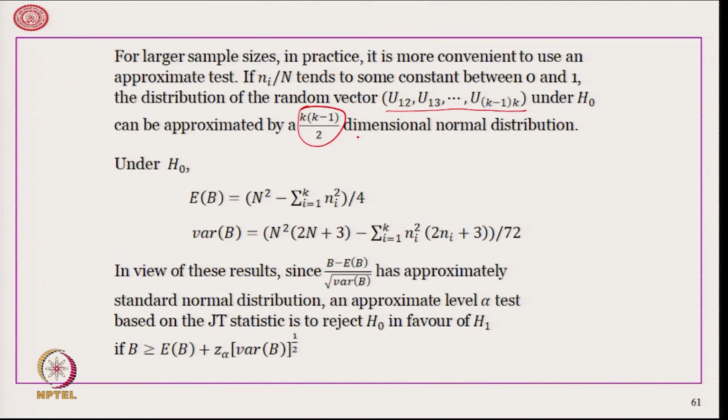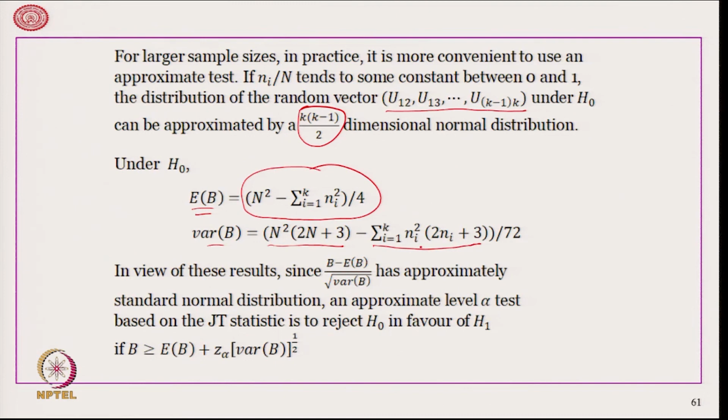So, it is a multivariate normal type of distribution, and the expected value of B is N square minus sigma Ni square, whole divided by 4, and variance of B is N square into (2N plus 3) minus sigma Ni square into (2Ni plus 3), whole divided by 72.